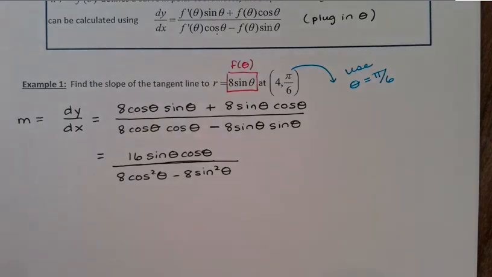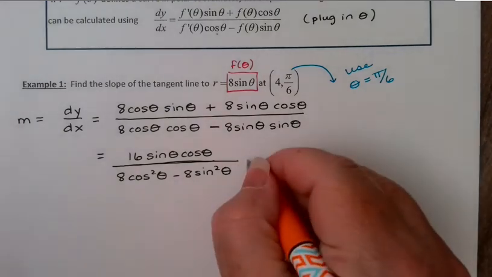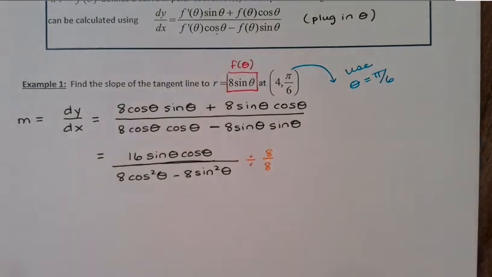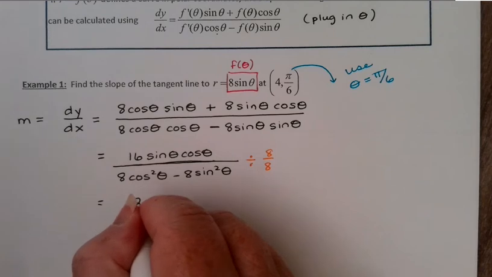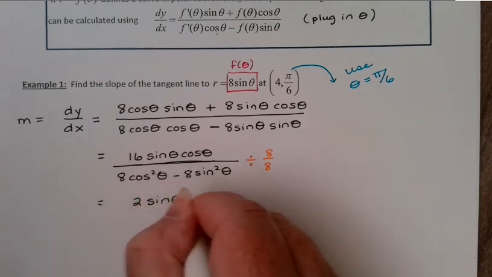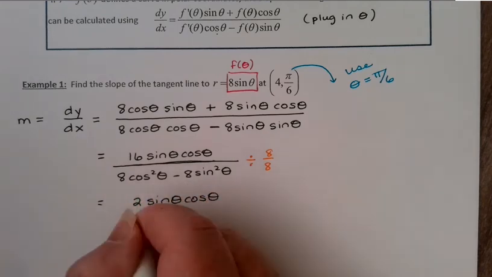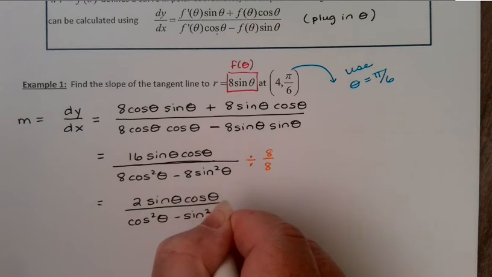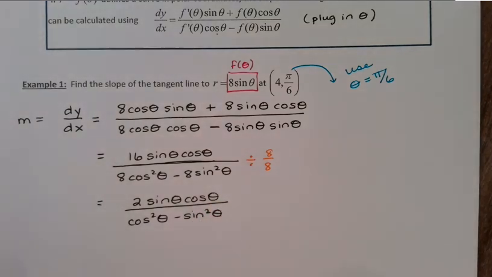A little trig is always good for the soul, right? I'm going to actually start out with an algebraic simplification. I'm just going to divide by 8, top and bottom. So I have 2 sine theta cos theta over cos squared theta minus sine squared theta when I divide out that 8.